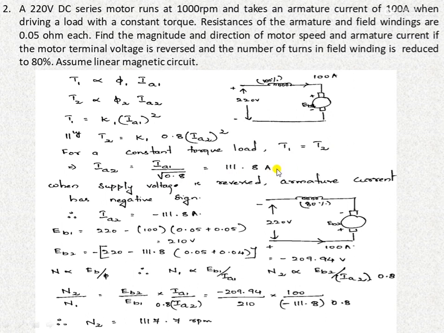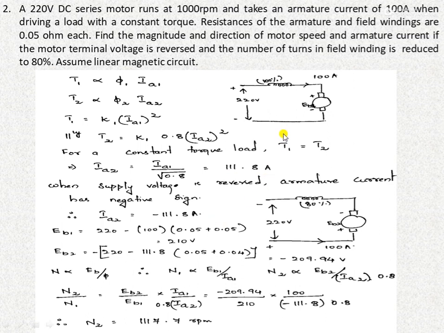That is the case when you have reduced the number of field winding turns to 80% compared with case 1. In order to supply a constant torque load, this DC series motor will be taking a current of 111.8 ampere from the supply.